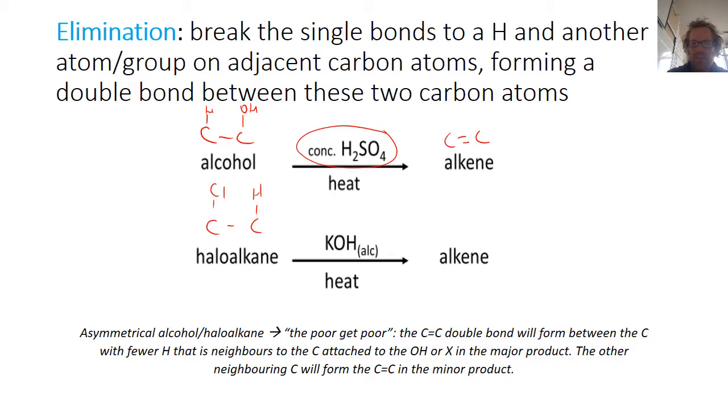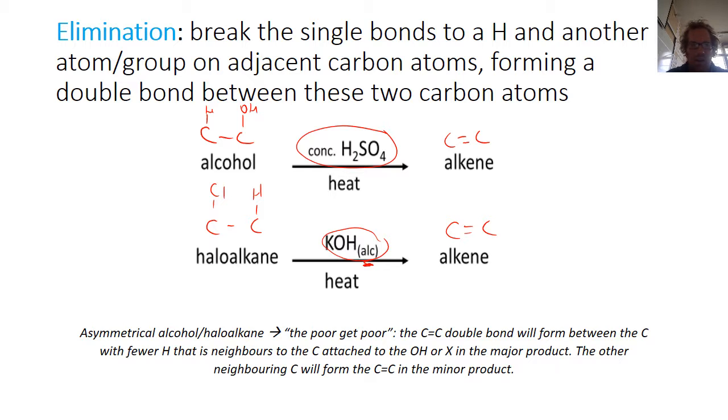Concentrated sulfuric acid with heat for alcohols, and KOH or hydroxide in alcohol, with heat, for the haloalkane. And again, this is where we can get the phrase the poor get poorer.